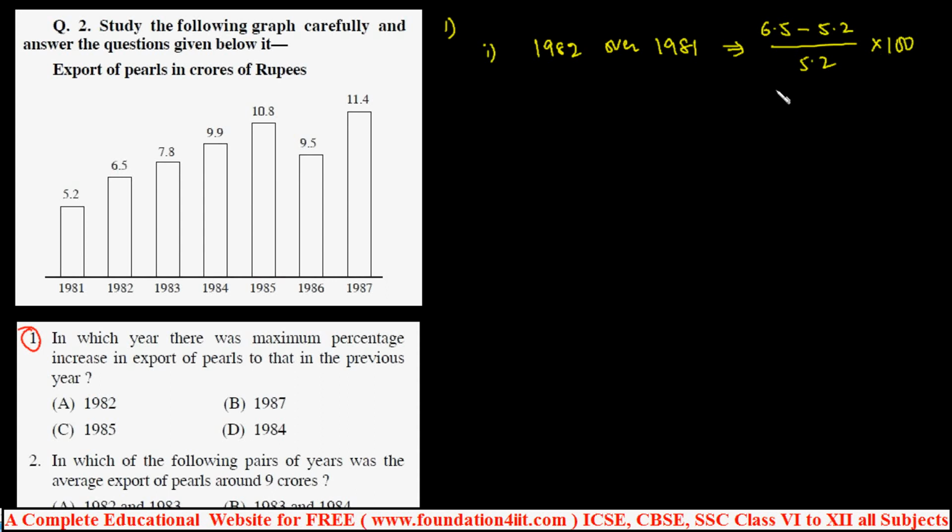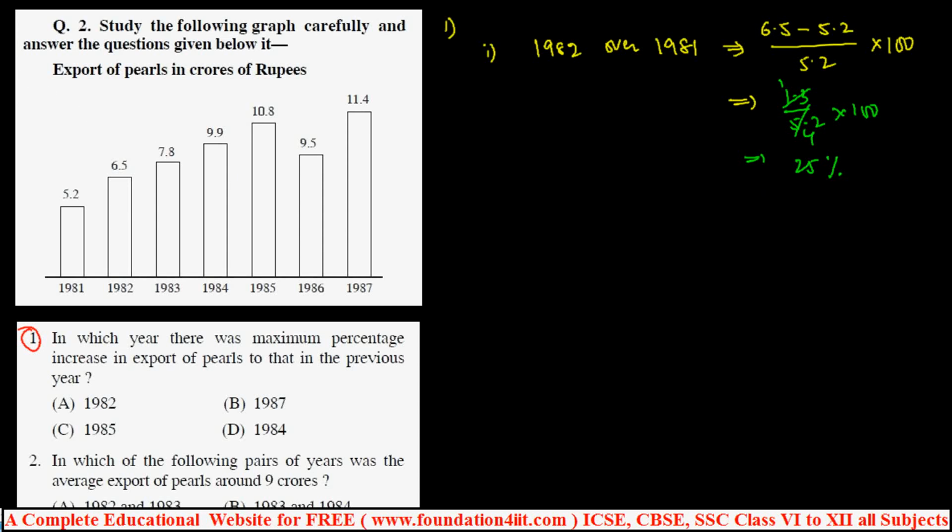This will be calculated in percentage. Just to simplify, 1.3 by 5.2 into 100. Right, 1.3, 13 by 52 into 100 is 25 percentage. That means 1982 over 81 is 25 percentage.